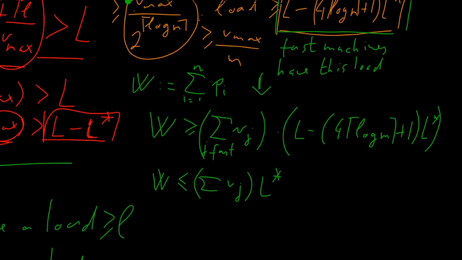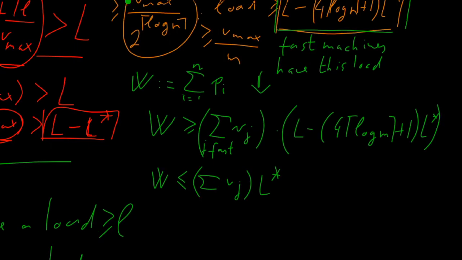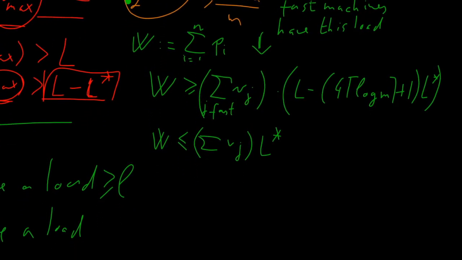So the total size of the jobs fits into the rectangle defined by an optimal schedule's work rectangle sort of thing. Now this is just the same as if I'm splitting this sum into two partitions.